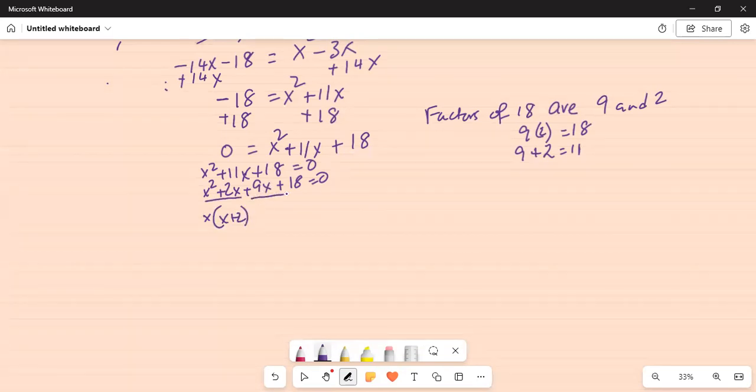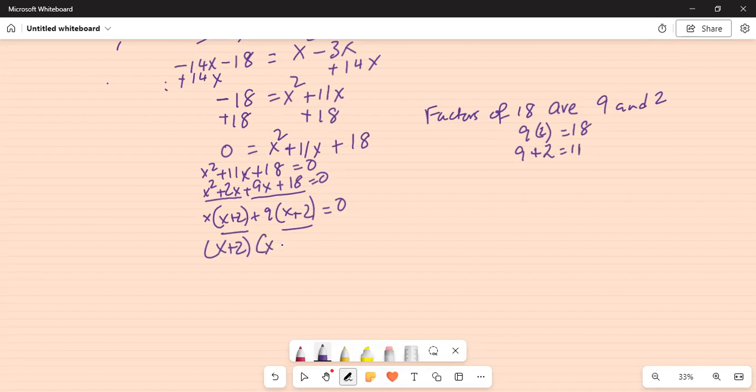From the next two terms, you'll take 9 as the common factor, and you will be left with 9 times x plus 2, because 18 divided by 9 is 2, equal to 0. So between these two terms, x plus 2 is common, and then you are left with, from the first term, x, and from the second term, 9.